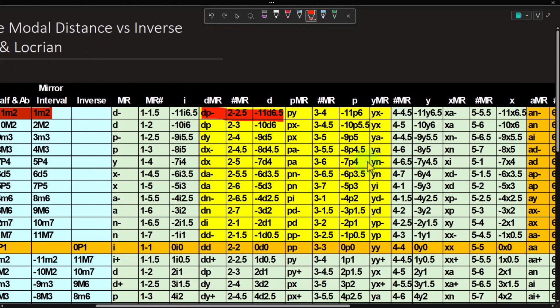From the standpoint of the Phrygian, it would be a py modal range, a 3-4 modal range, which means we would be going -11 steps counterclockwise from the Phrygian node, which would be -6 counterclockwise modal half steps from that point.